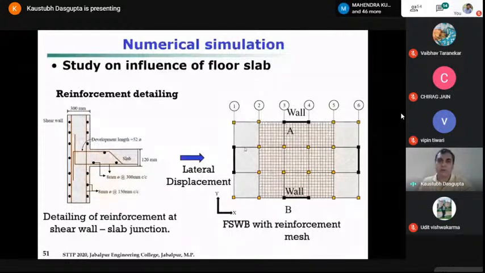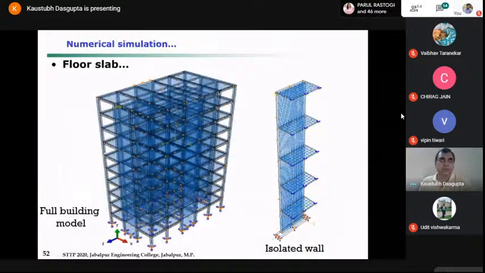How fast your model can run depends on all these details. So the meshing of main reinforcement was primarily concentrated here, and we thought about a symmetric configuration with only the walls and no asymmetry in the building. These are the reinforcement details. So this was how the models looked.